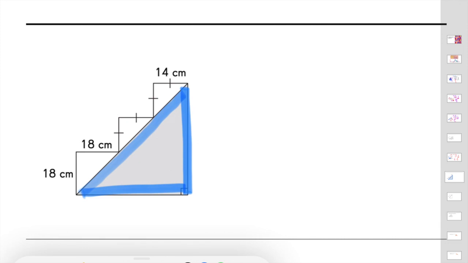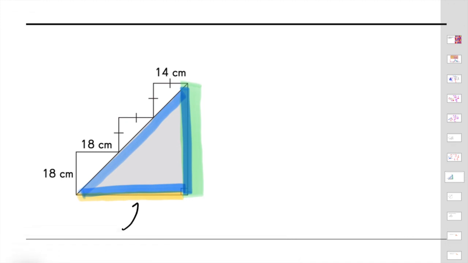They're two perpendicular lines. So here is the base in yellow and the height in green. They meet at a 90-degree angle, so we have the base and the height.